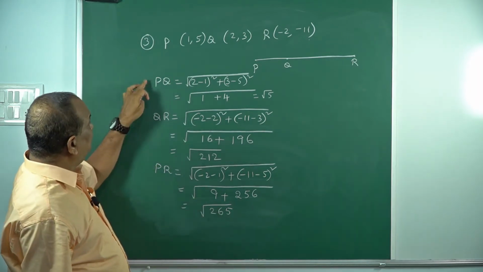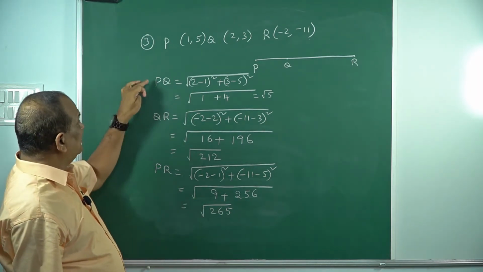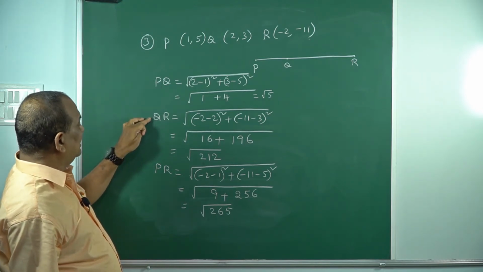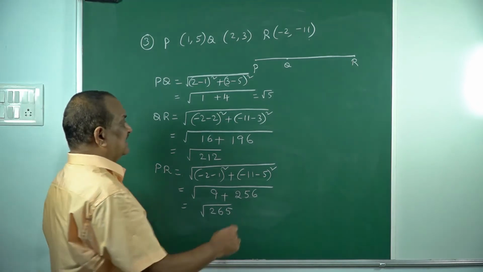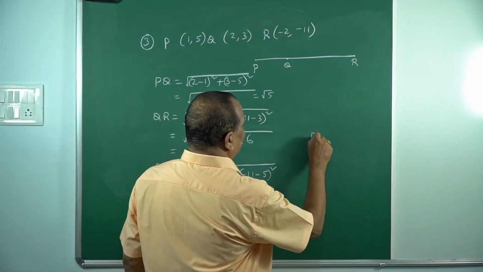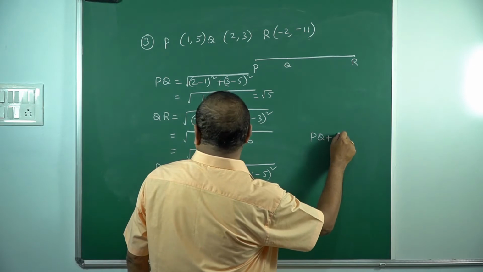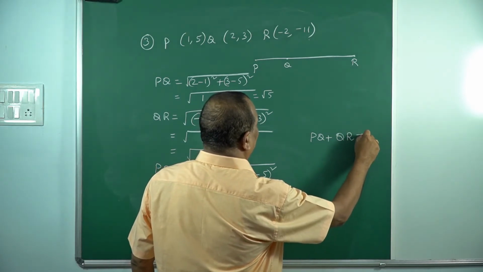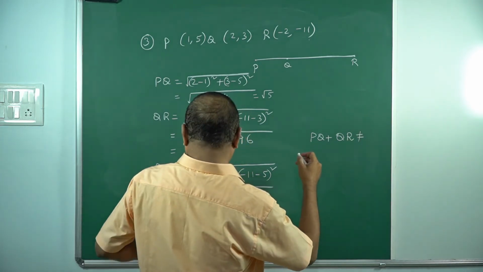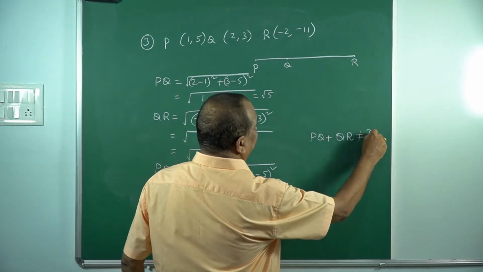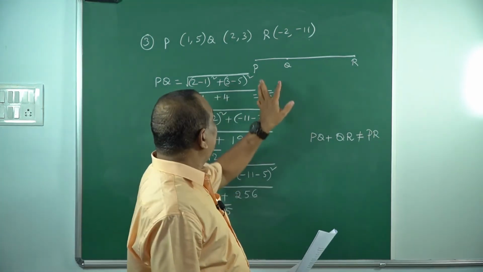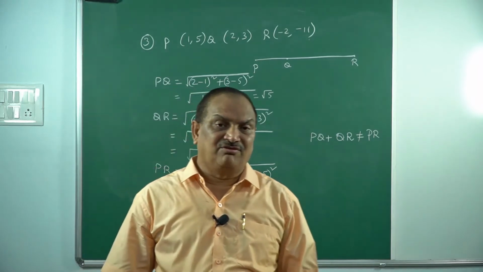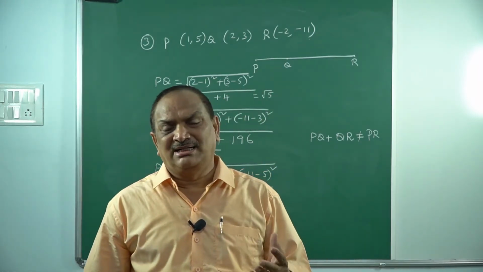And therefore, because this is the longest side, remember that, PQ plus QR is not equal to PR. The sum of these two distances is not the same as this distance PR, and therefore these 3 points are not collinear.